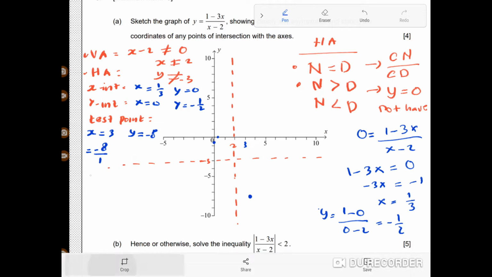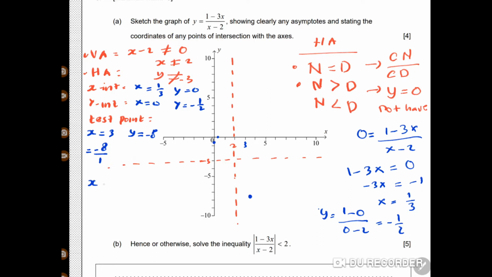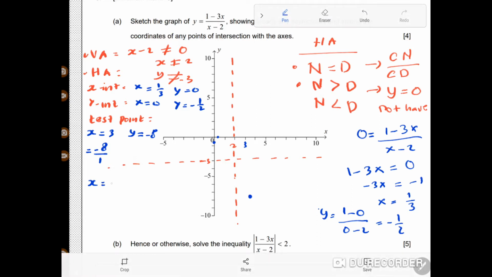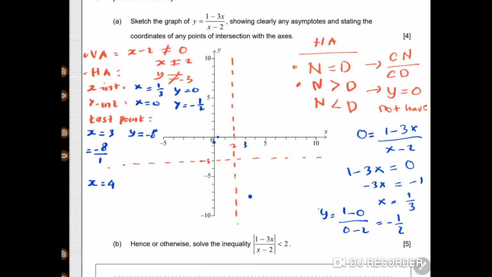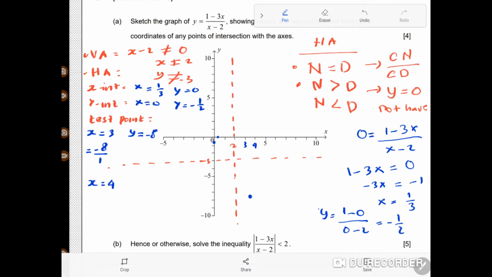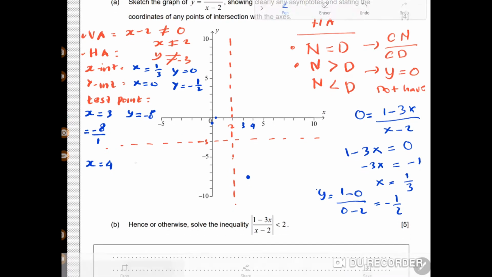Okay, and then next is x equals 4. So you take 3 and 4, at least 2 points, right? Or you can take 10, up to you, but let's say I take 4. When x equals 4, what is y?